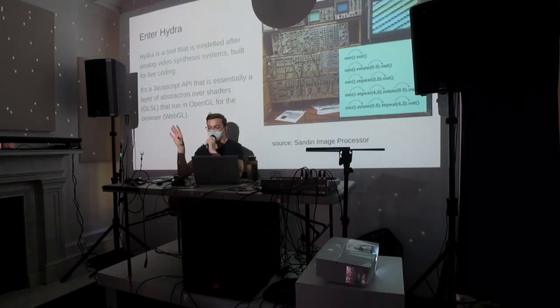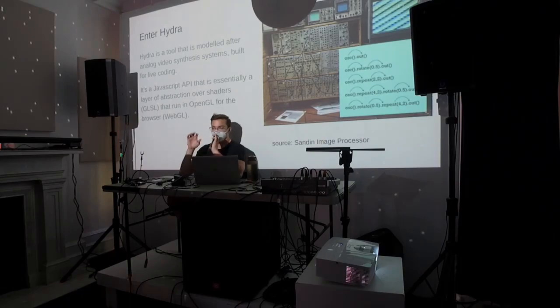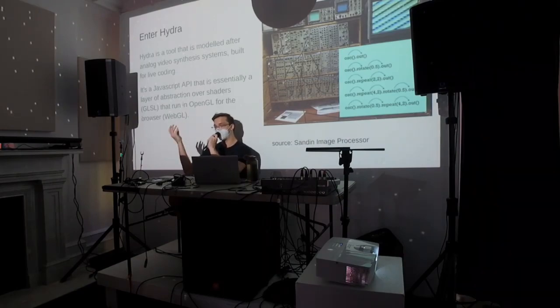That's what this language is. It's the language that runs in the browser, which makes it very accessible for people to get started with. It's essentially an abstraction layer over OpenGL and GLSL, which are an industry standard way of rendering 3D graphics.